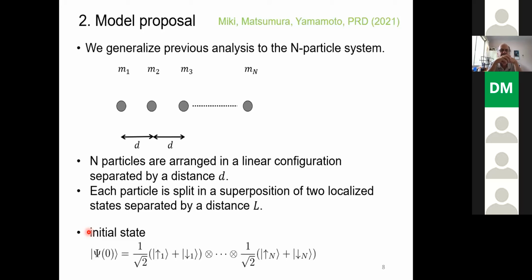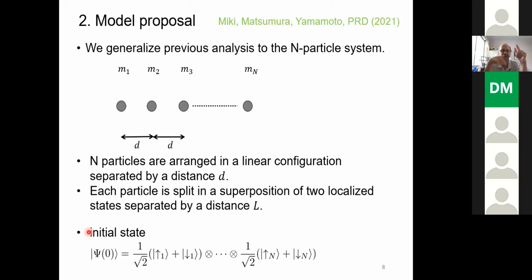So we consider only the gravitational interaction, and the position does not change during the evolution.